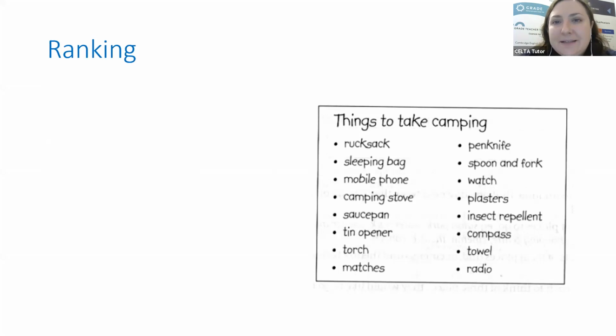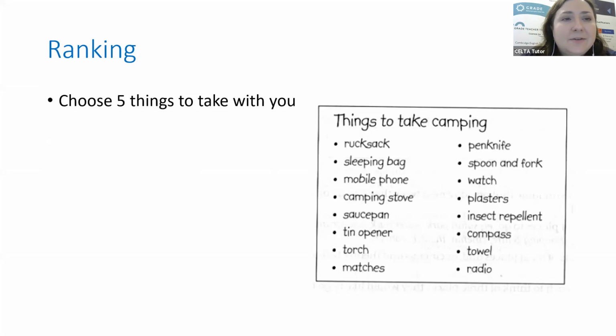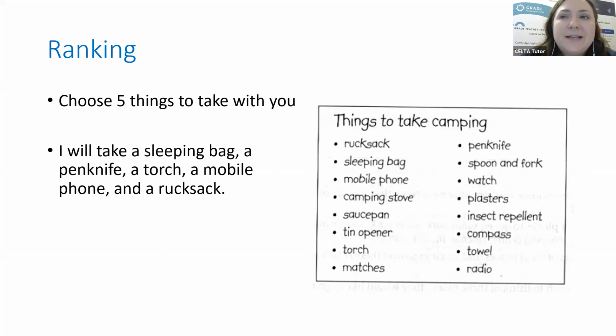Here, there are things to take camping, and my task could be: choose 5 things you would like to take with you. And then students can practice, for example, different grammar. In that case, they practice will. I will take a sleeping bag, a pen knife, a torch, a mobile phone, and a rucksack.